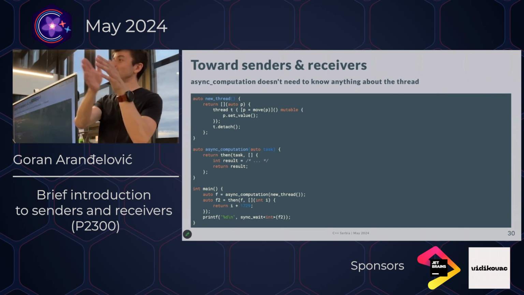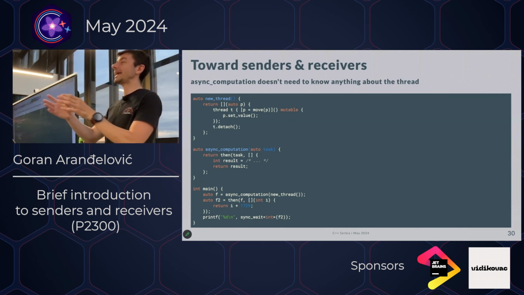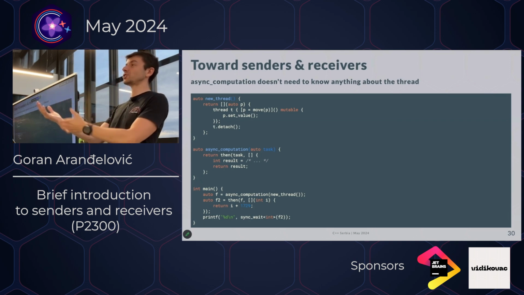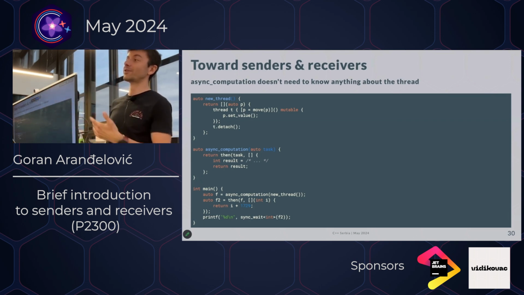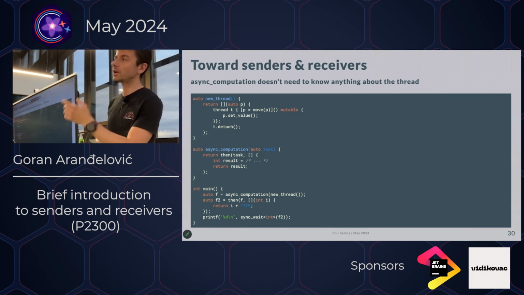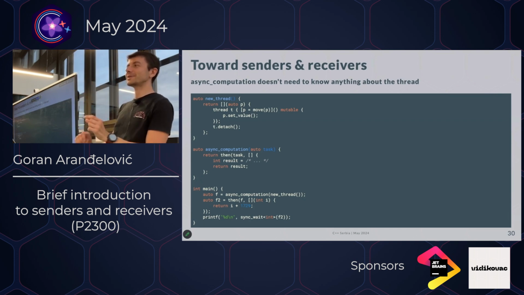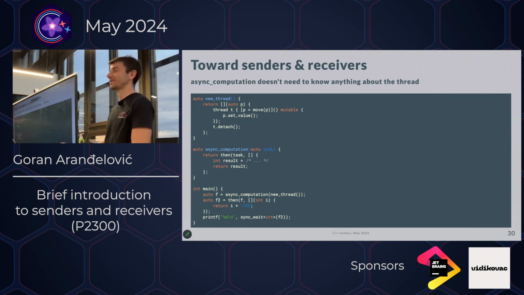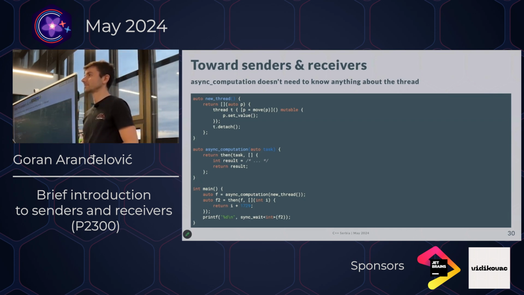Okay, to make async computation a continuation for the new thread creation, if I understood you correctly. But we are not using then, we are using a different function, a different algorithm.